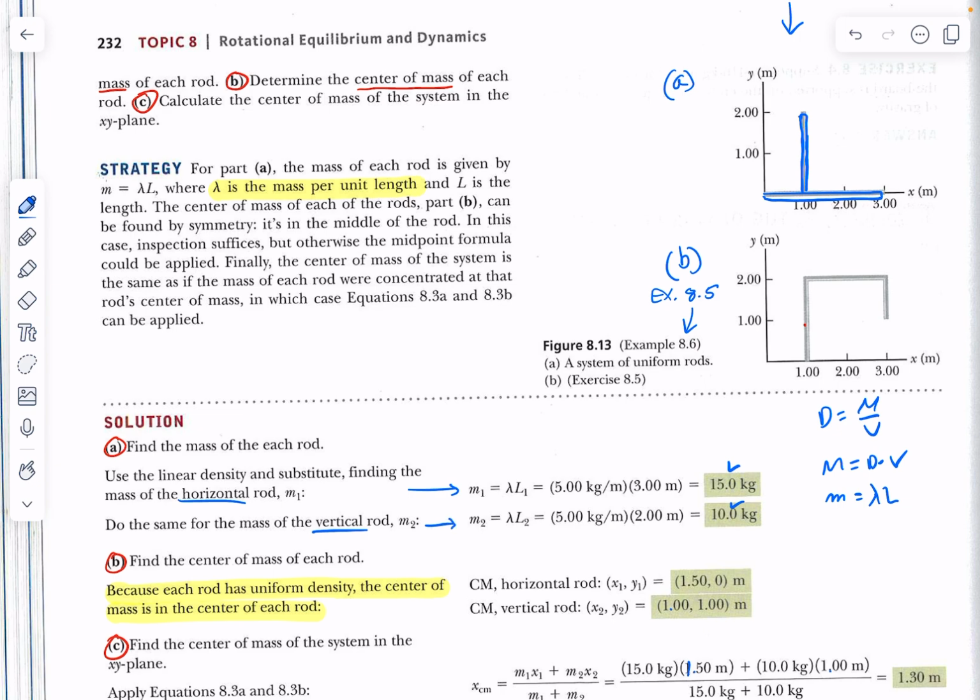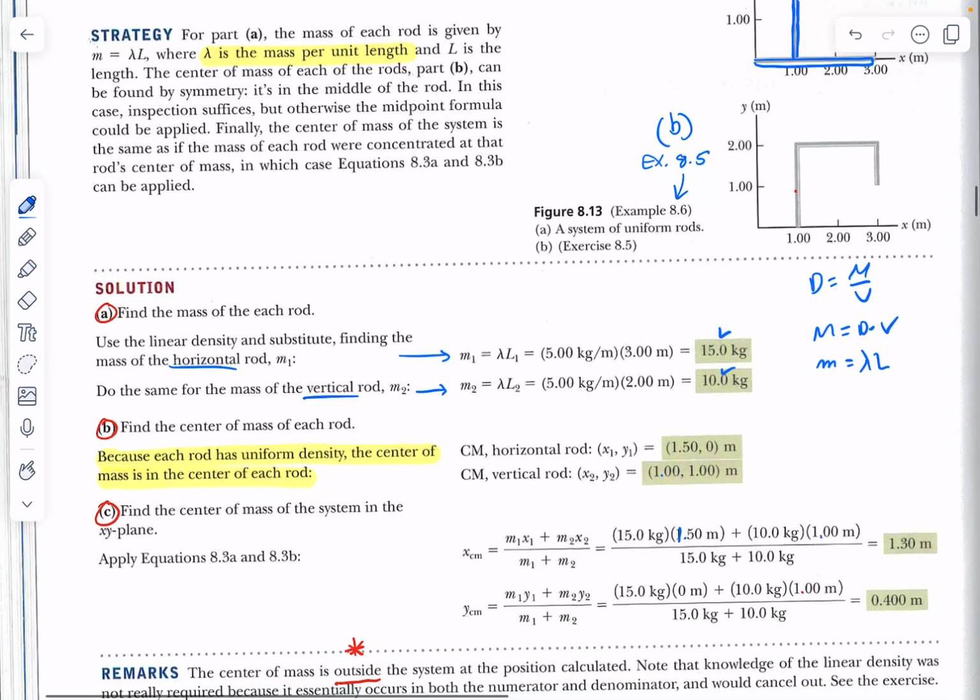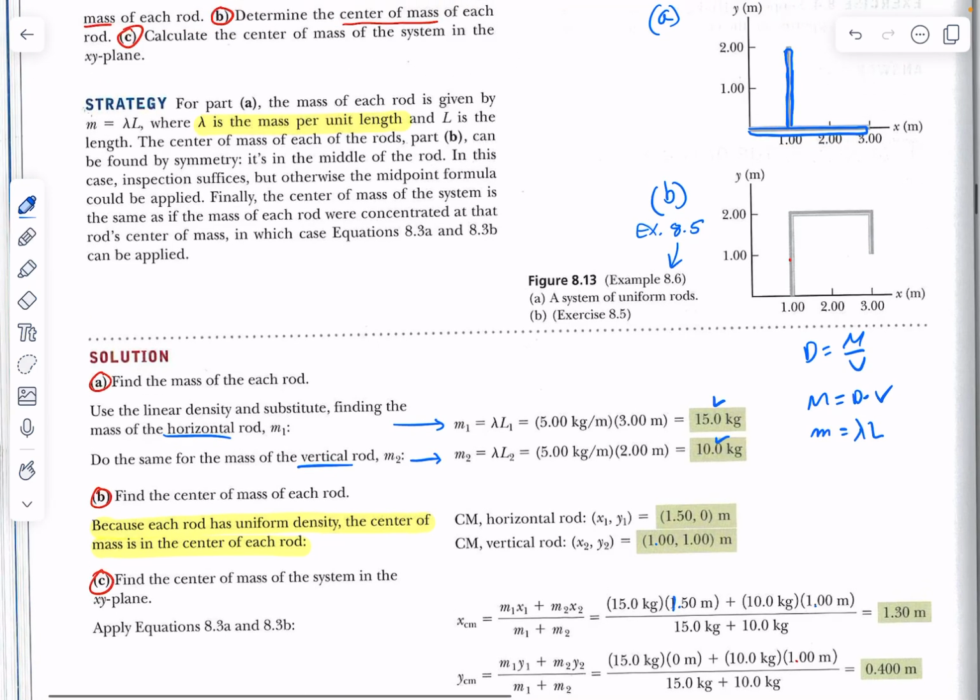Now the next thing we want to find is the center of mass of each rod. If we look at the horizontal rod, the center of mass is going to be at the geometrical center, since it's uniform, which is at the 1.50 meter mark, and it's right on the x-axis, so that y-coordinate is going to be 0.